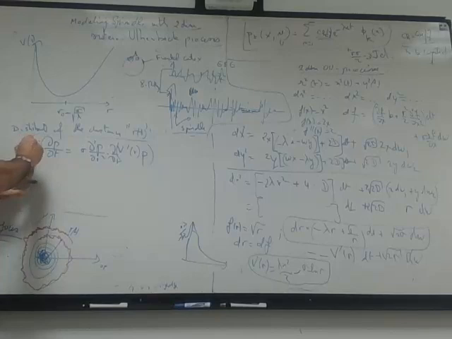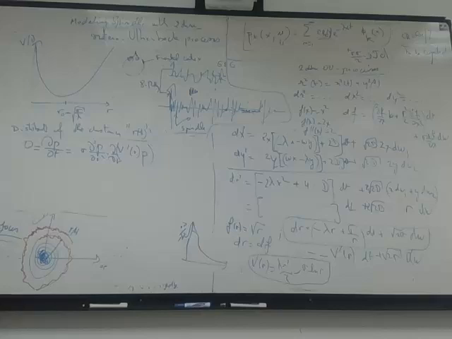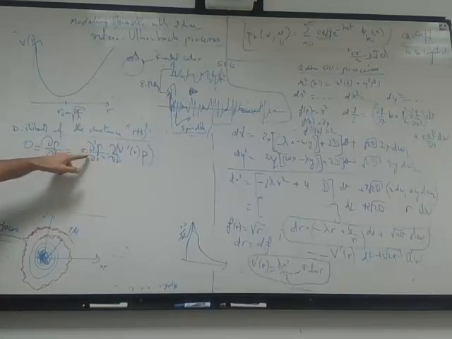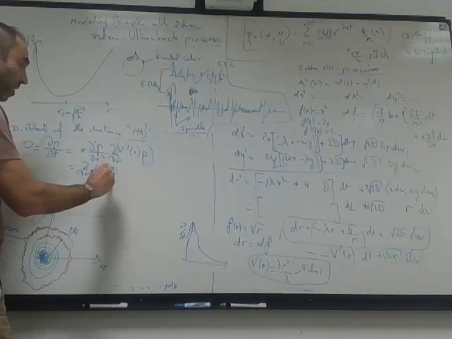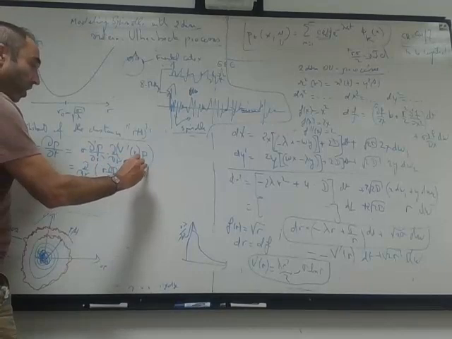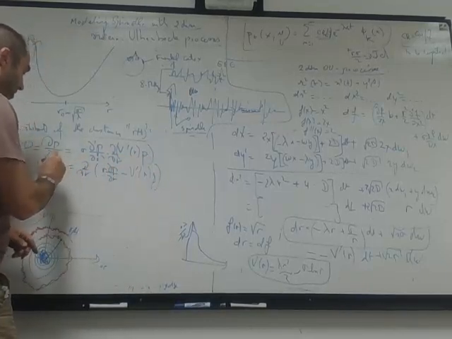So suppose you're at steady state. So this is 0, and I have to solve this equation. What do you get? Since you have a derivative in front of everything, this is just d dr of sigma dp dr minus v prime of r p, and this has to be equal to 0.